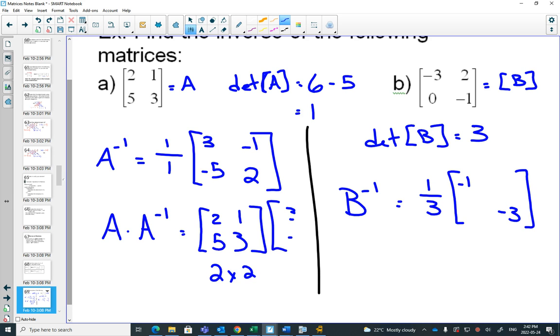Flip these two, multiply each of those by a negative. And you can leave that 1/3 out in front, or if you wanted to, you could put that 1/3 in as a scalar. So you could write negative 1/3, negative 2/3, 0, and negative 1 if you multiply through by that negative.